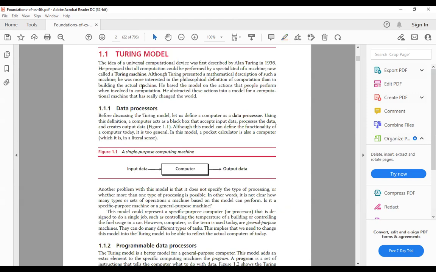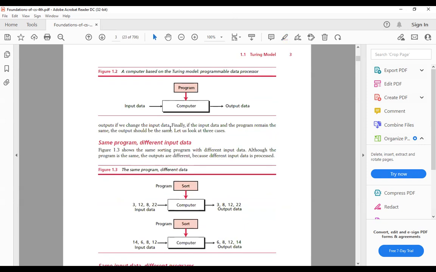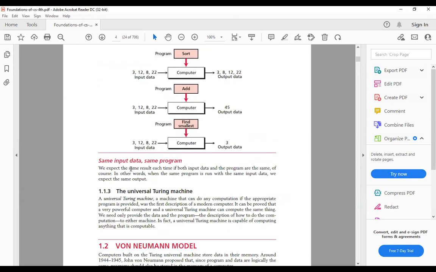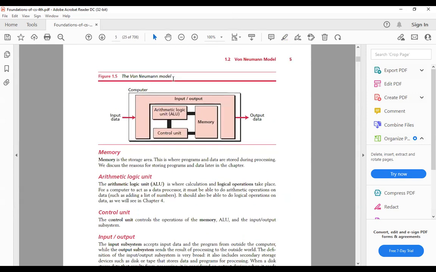And here is the Turing model, which is represented already in the slide, and it's called a single purpose computing machine. Then we show you the components and the program and different types of programs for sorting, for finding the smallest, and the addition process. And here is the Von Neumann model, which consists of 4 components.